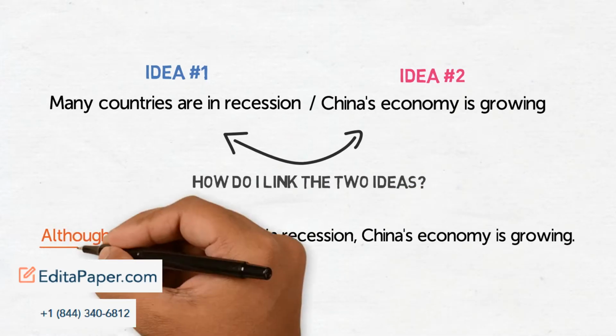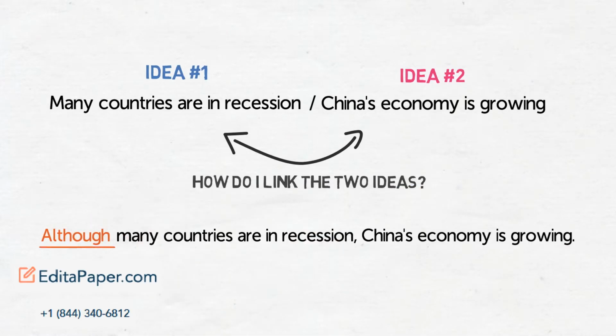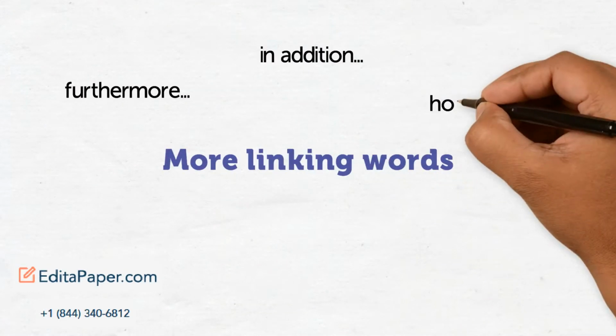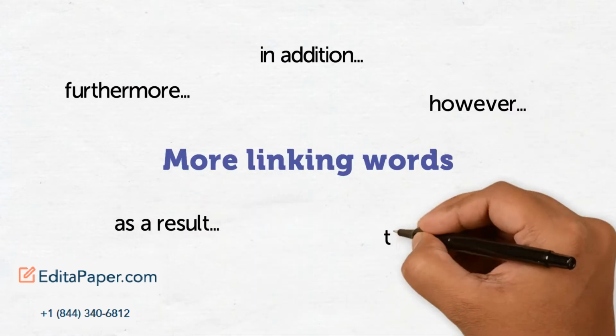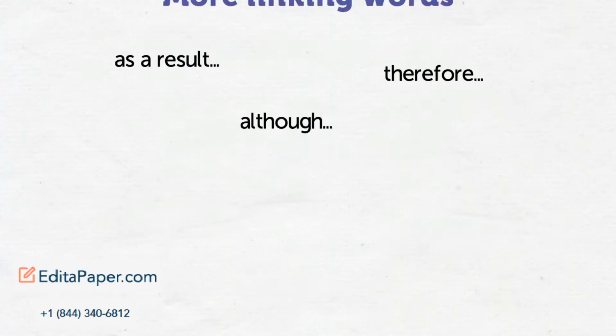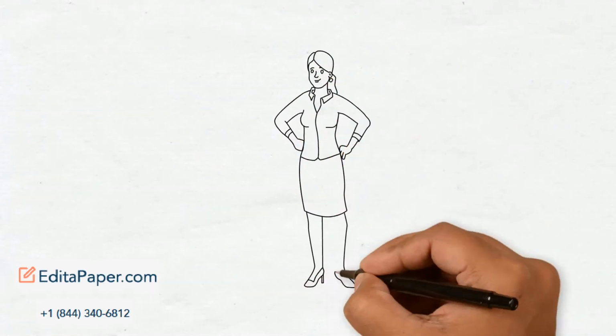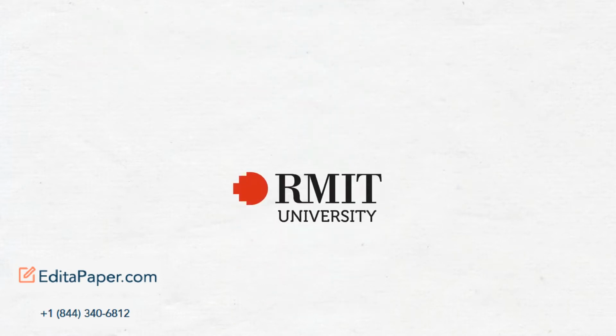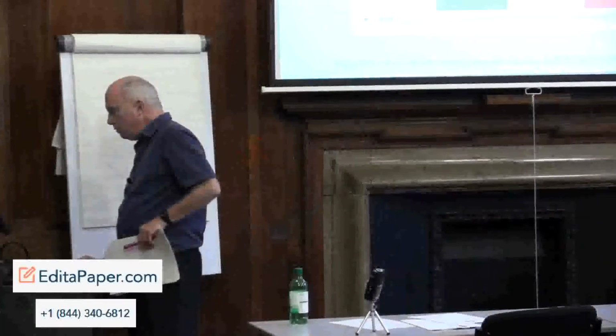The paragraph with linking words flows and it is easy to read. Without linking words, it is disjointed and more difficult to follow. Here are a few more. By using linking words, it looks like you have thought more deeply about your research. For more information about paragraphs, try the tutorial. Thanks for watching.